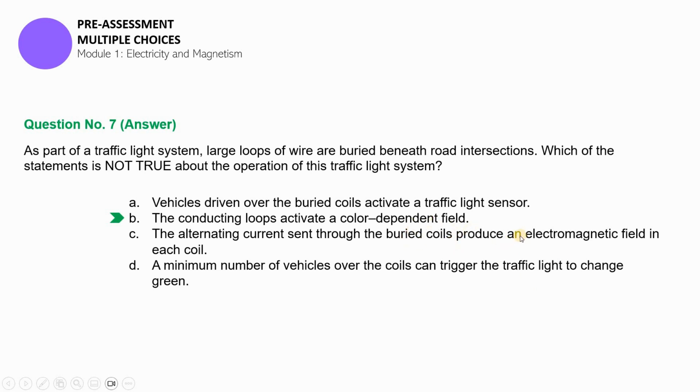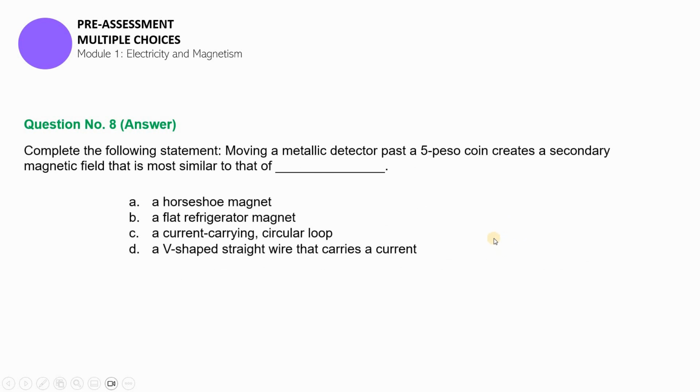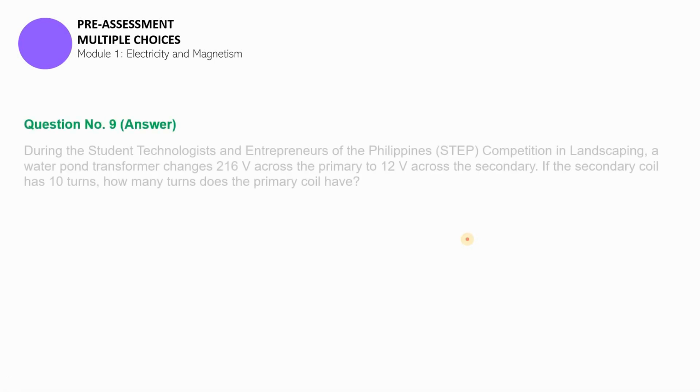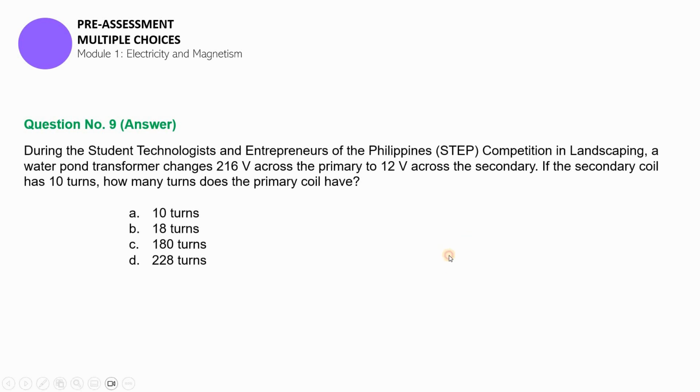The correct answer for question number 8 is option letter C, a current carrying circular loop. The correct answer for question number 9 is letter C, 180 turns.